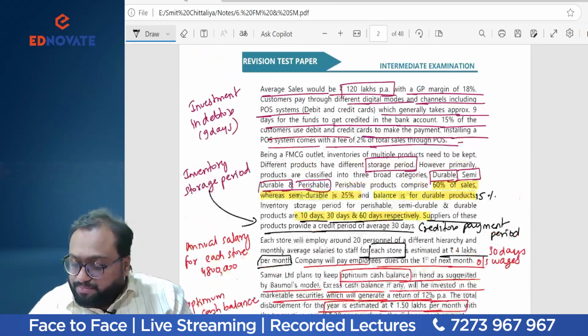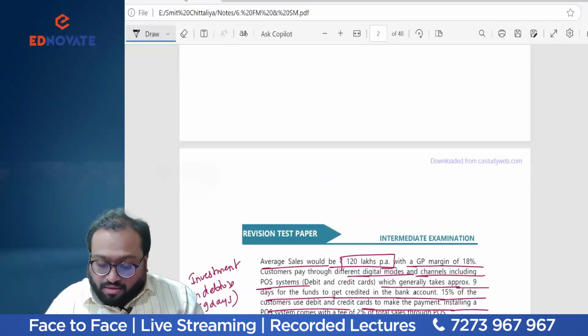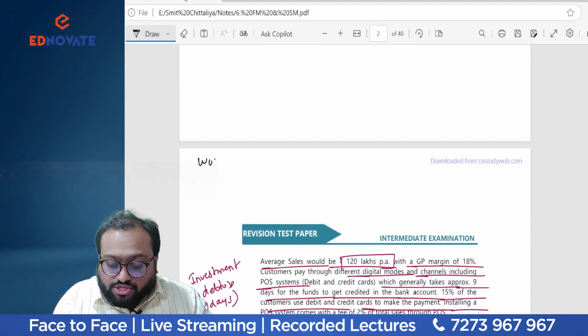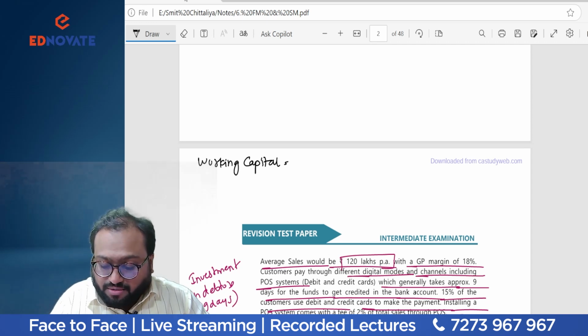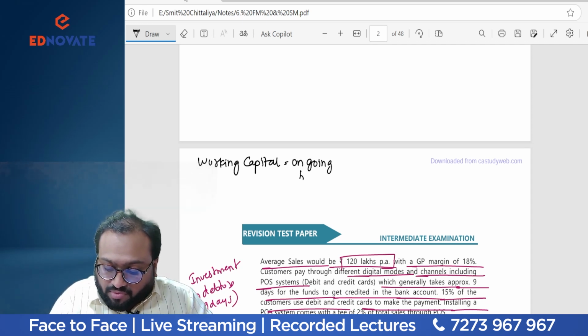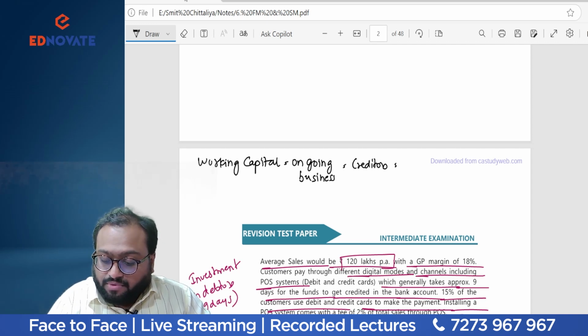Students, keep a proper note over here. Whenever we are solving questions on working capital in an exam, if it is an ongoing business, creditors will be valued at DRMC.